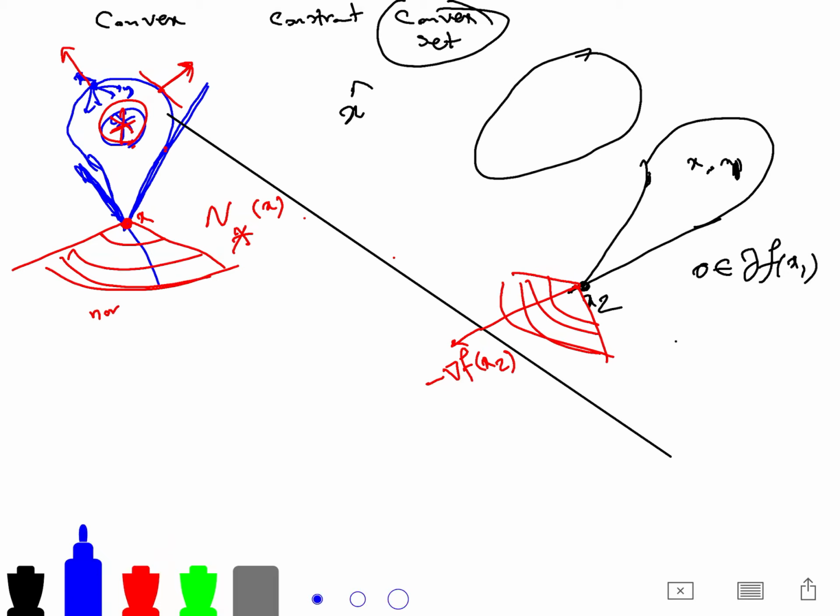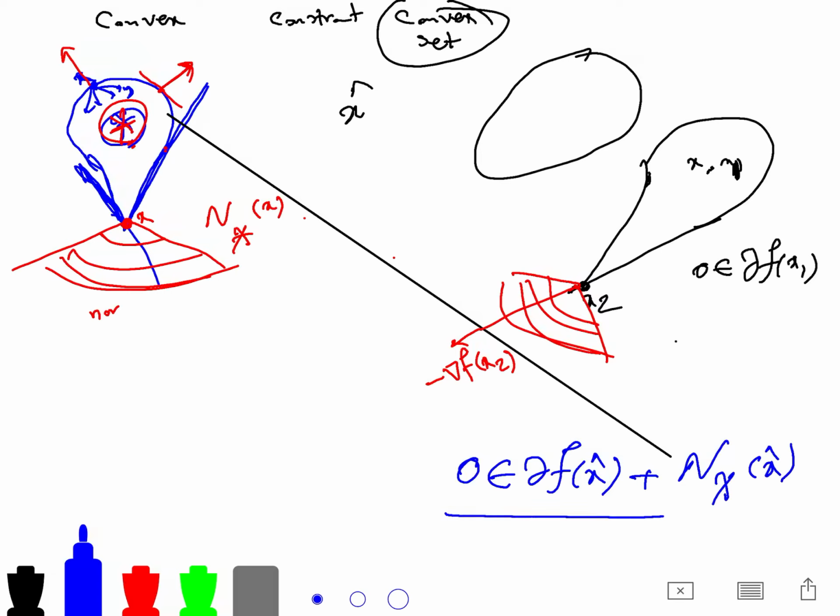So it should satisfy that zero should be inside the subdifferential at point x hat plus the normal cone at point x hat.